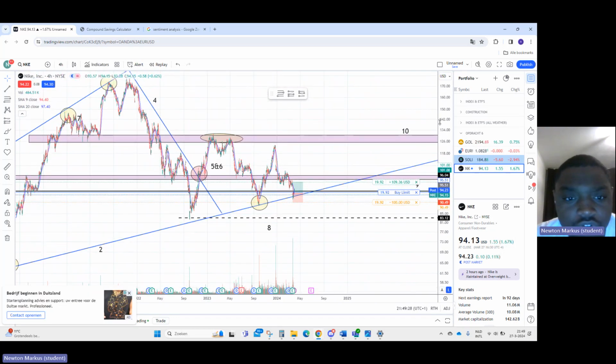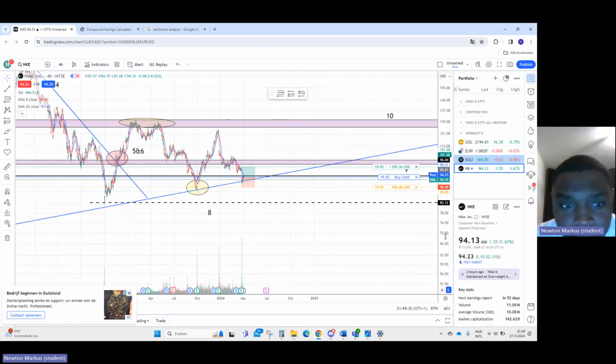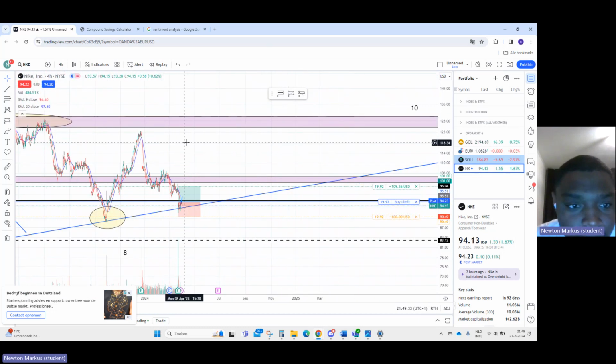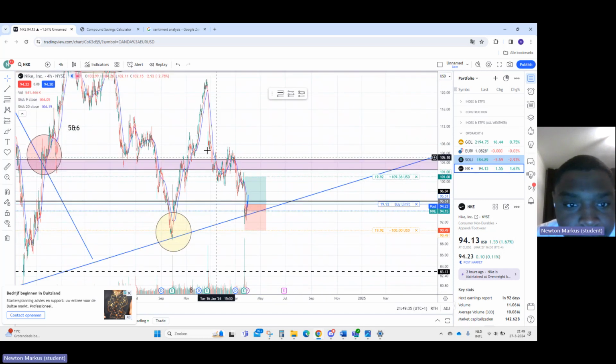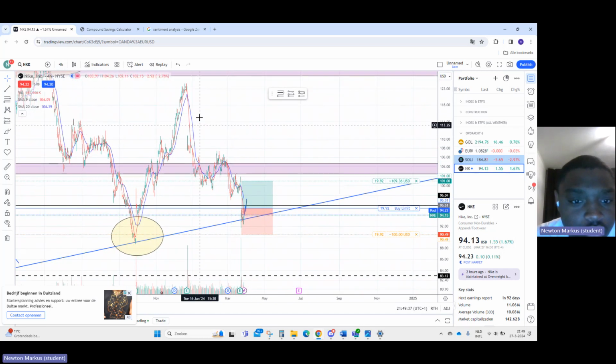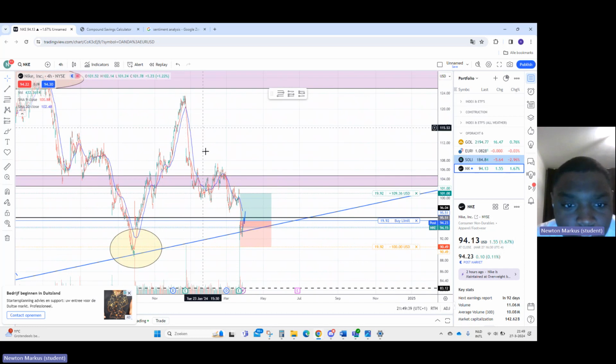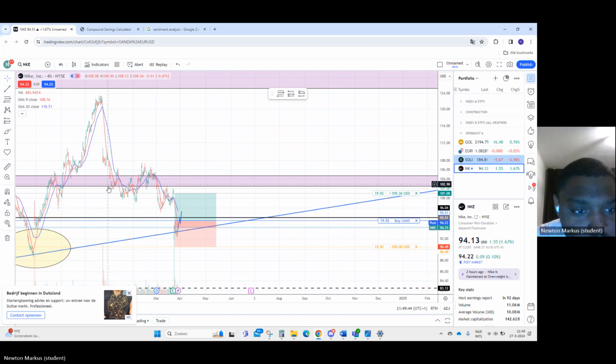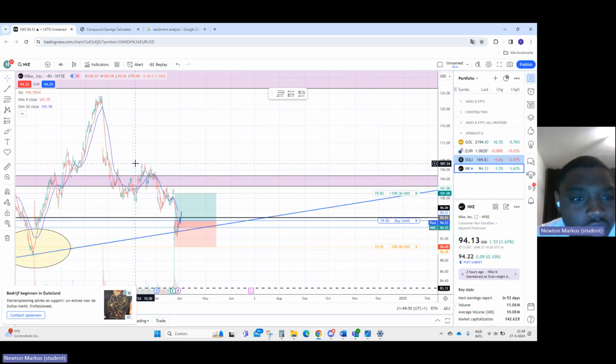So if you look at the 4-hour chart, you can see that right now we are in a smaller downtrend. You can see the lows, the highs, lower low, lower high from this point, but this is like a fake breakout from this point because it broke out, but it broke down and pushed price lower.